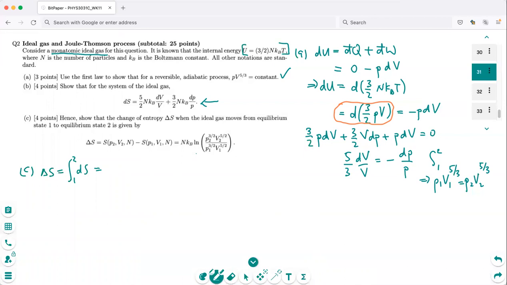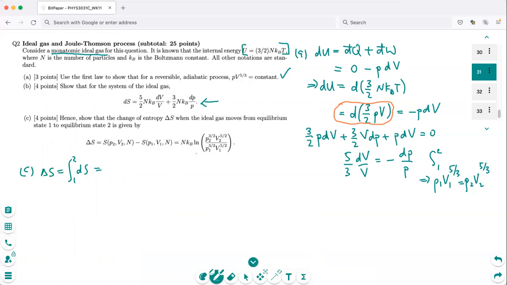Okay, so this is kind of important. So this you can see as S2 minus S1. So everything with 2 is the final state. Everything with 1 is the initial state. So keep this in mind. Otherwise, you always need to know which one is the final, which one is the initial, in order to get the sign correct.